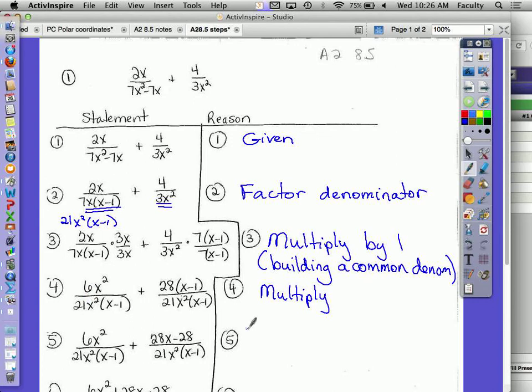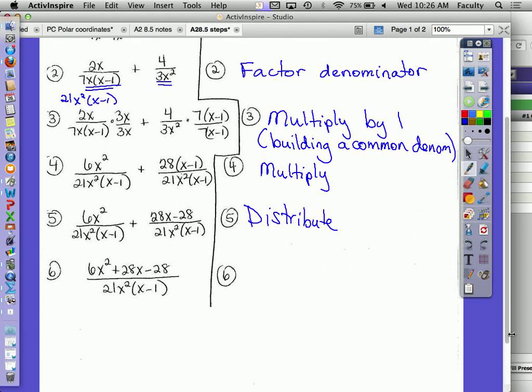I used the distributive property, so I'm going to write distribute. And I want you to use the front and the back of this as you do your homework. This is an excellent guide for us. All right, now let's slide this down. And what did I do to go from line 5 to line 6? I just added. Okay, that's it.